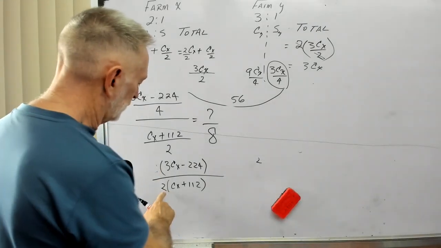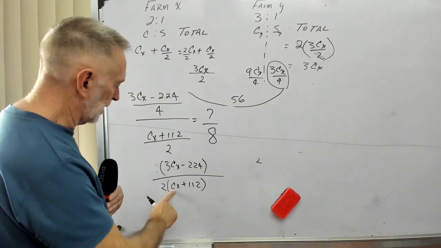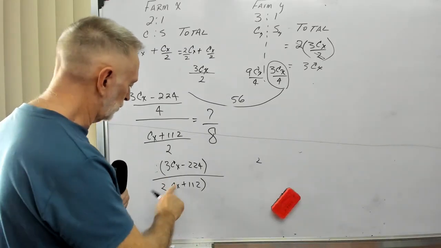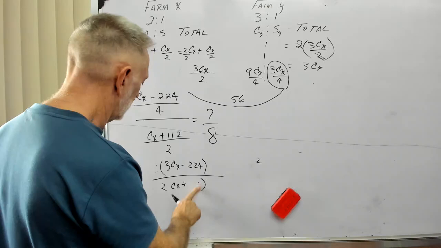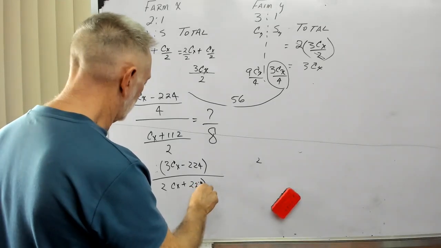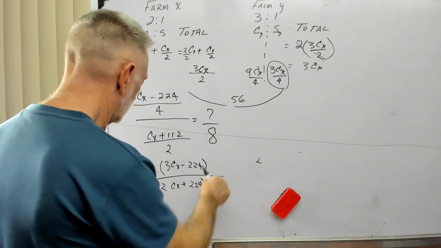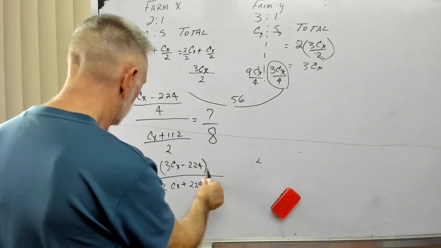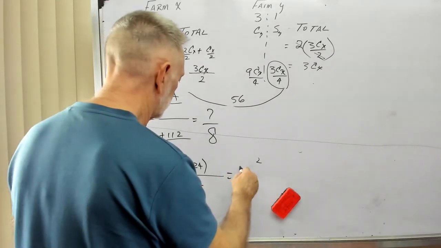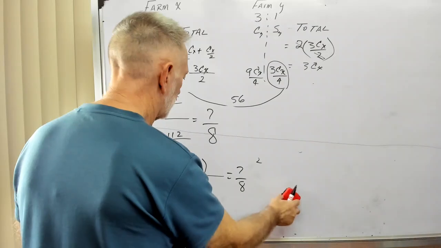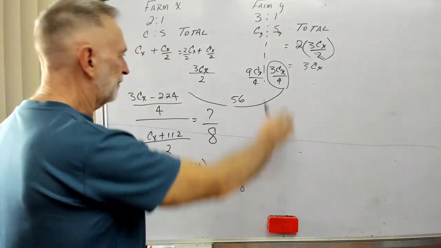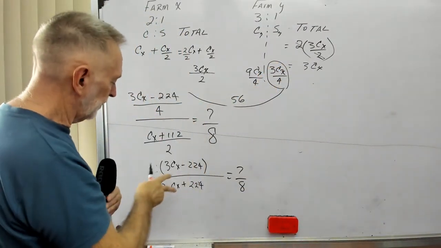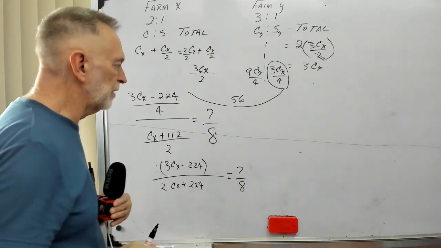So now I can distribute the 2. 2 times cx is 2cx. 2 times 112 is 224. And that equals the 7 over 8 that we were given. After we transferred the sheep, now that's the equation that we've ended up with.